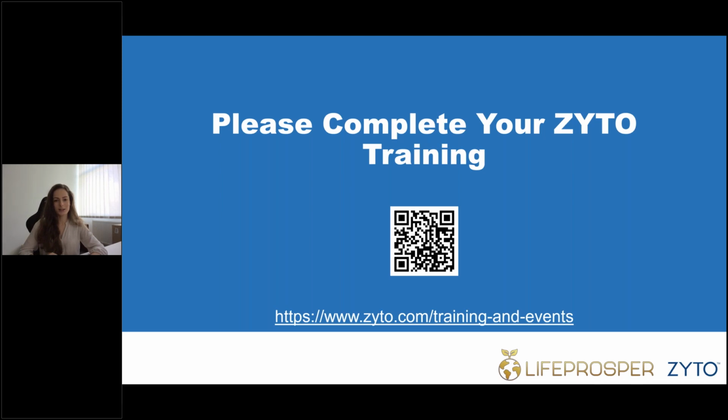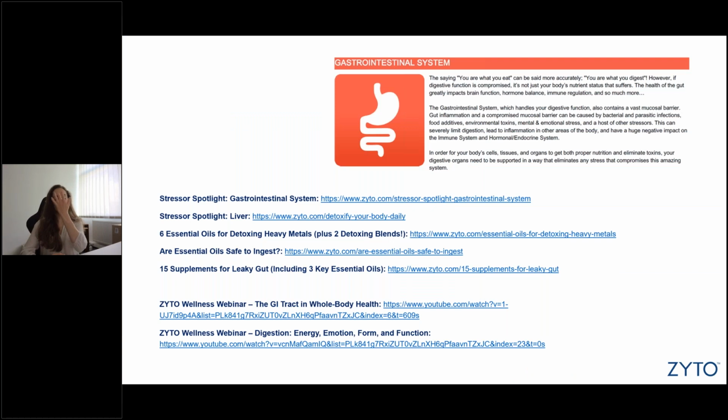You can use your QR code, the QR code that is here, or type in the hyperlink. And also, if you just want to learn a little bit more about different systems that are available in Zyto Balance reports, we offer plenty of additional training for you to study.